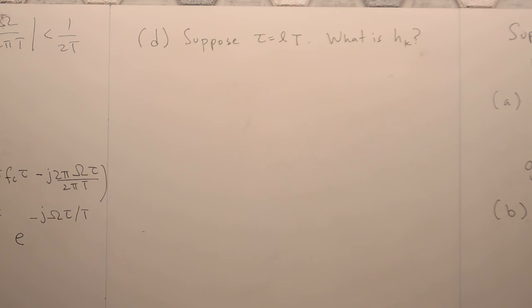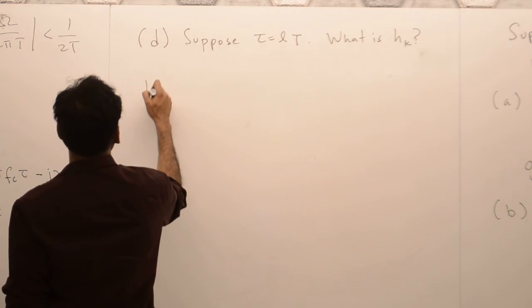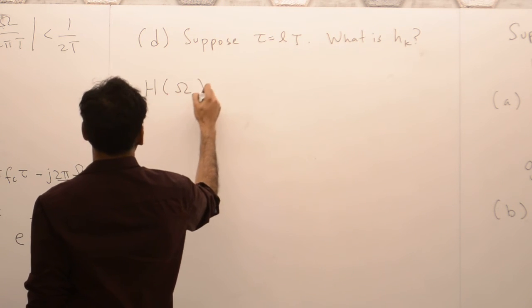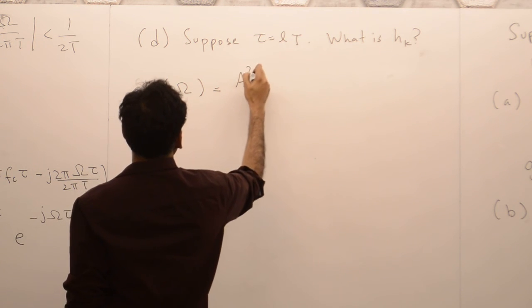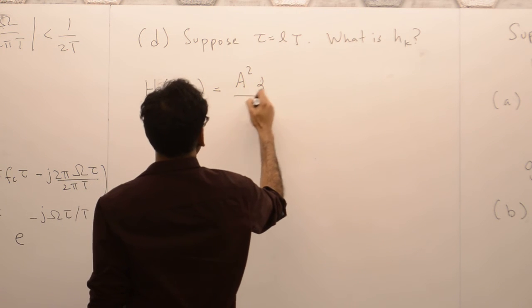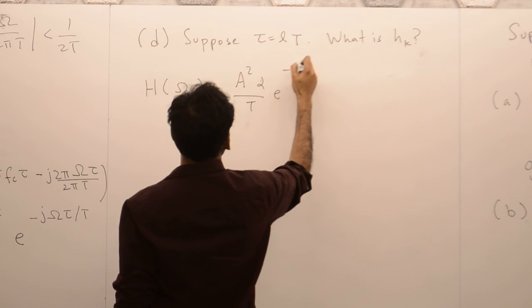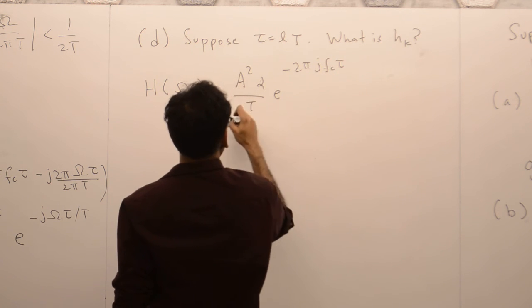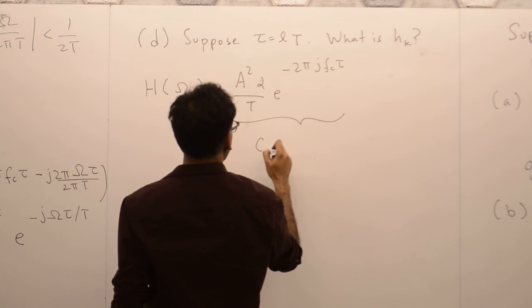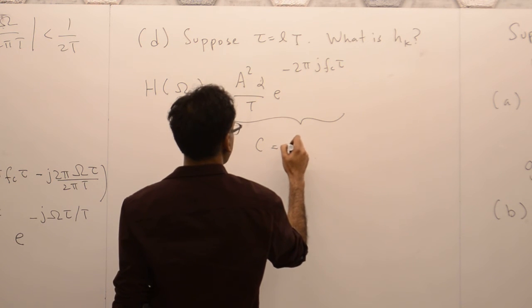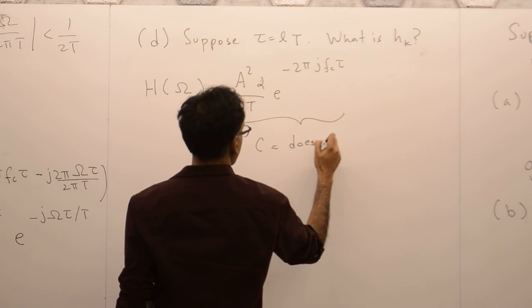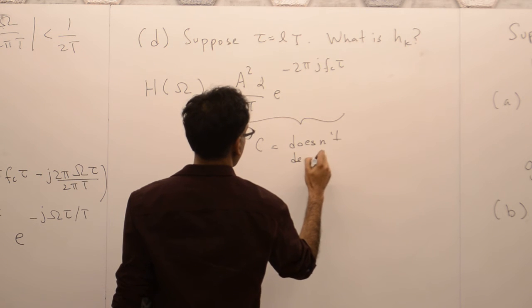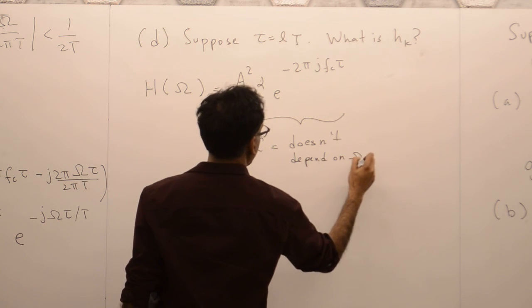So for this, we have to take the inverse transform of this. Now, h of omega, in this case, will be a squared times alpha divided by t times e to the minus 2 pi j fc times tau. All of this I'm going to write as some constant c, which doesn't depend on omega.